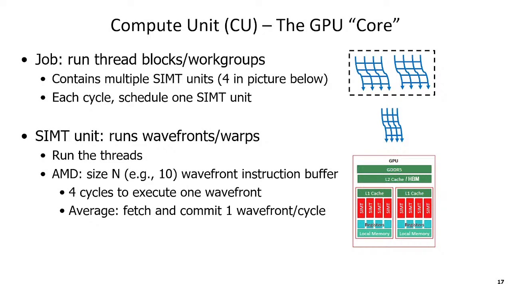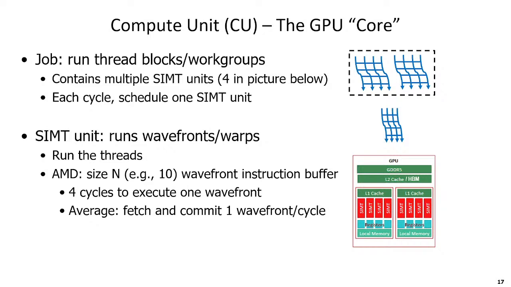thing. And then those SIMT units in red that I mentioned before, ultimately their job is to run the threads. And we will size the number of things that each of those cores can run based on some hardware buffers. For example, the number of instructions that we're able to execute in a SIMT unit would be governed by some size, which, for example, might be 10.